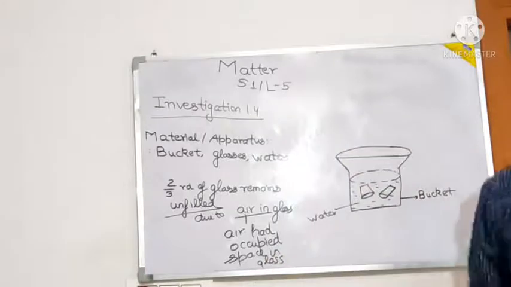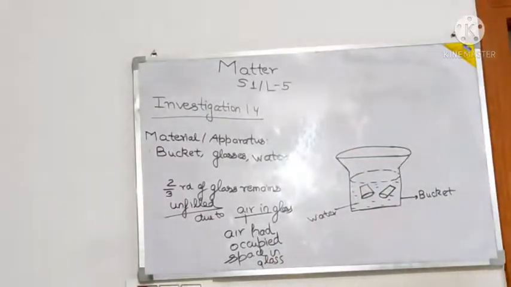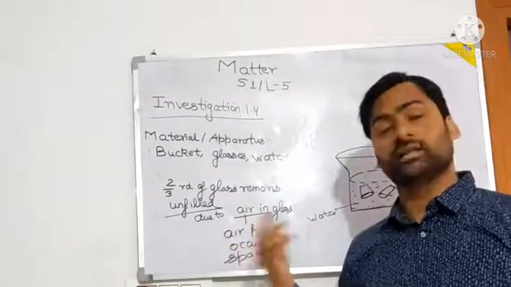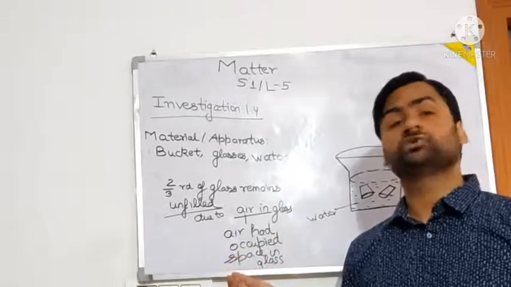That means air will occupy space anywhere, and in the same way in the glass also it has occupied the space. So what is the meaning of this? It means that air has occupied the space in the glass. Because of air being present in the glass initially, the glass could not be filled.